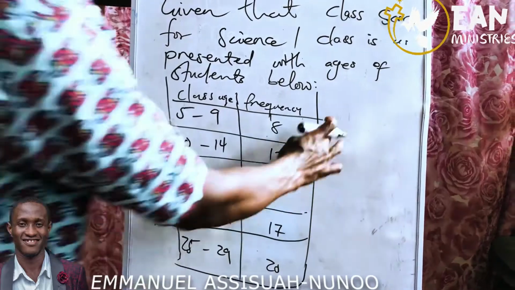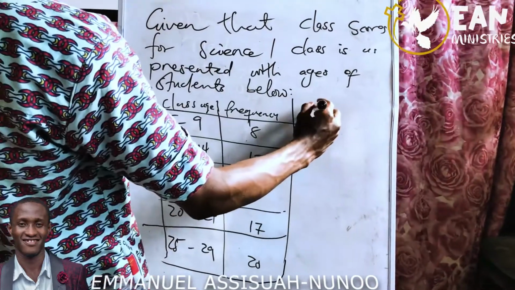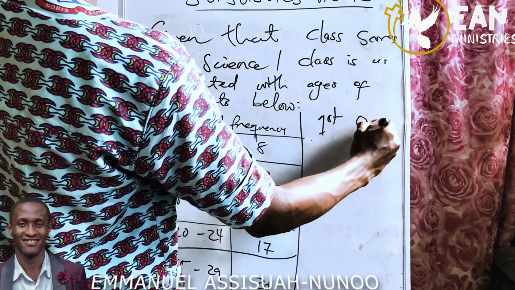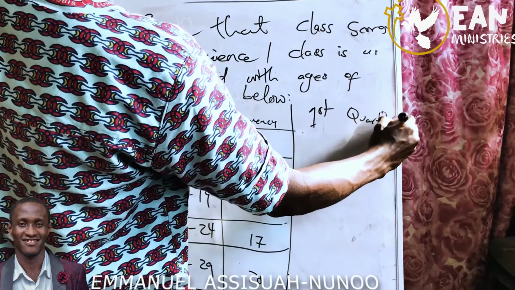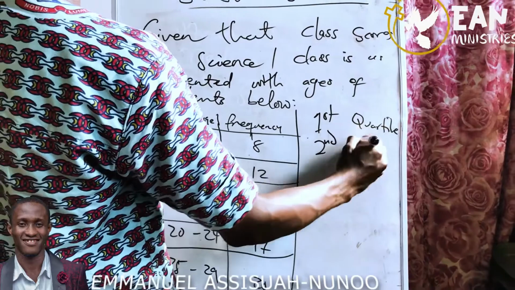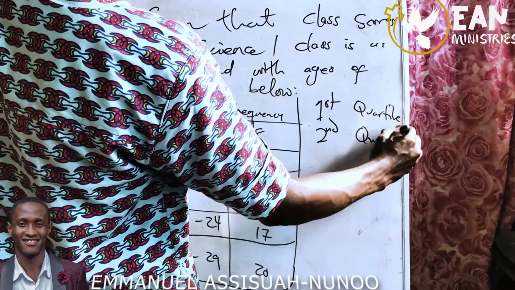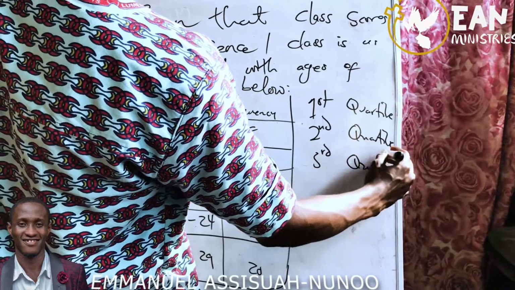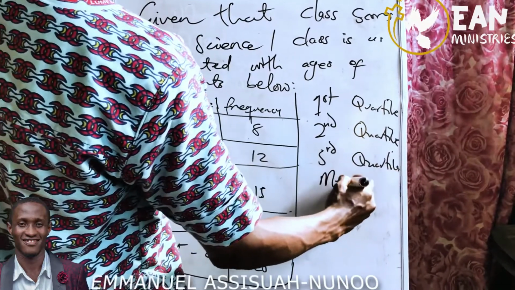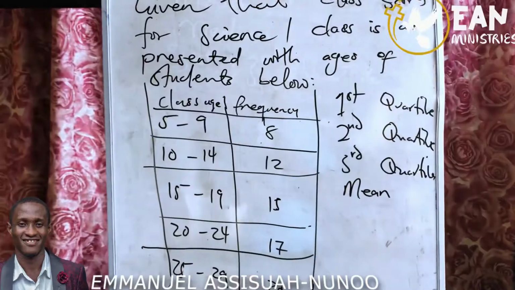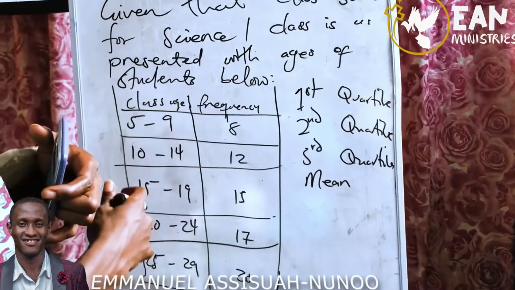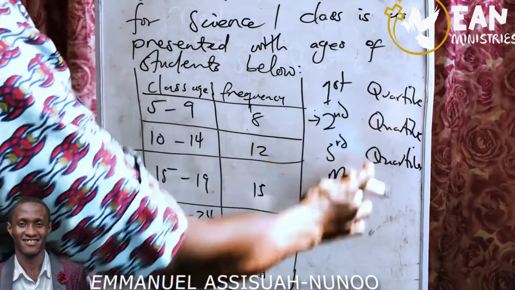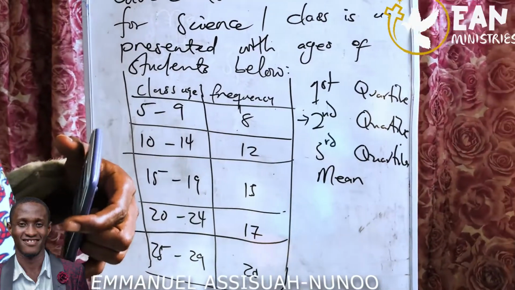So they may ask us to find the first quartile, the second quartile, the third quartile, and the mean. So that's what we're going to look at. We're going to look at the tricks. We have to note that the second quartile is actually the median.